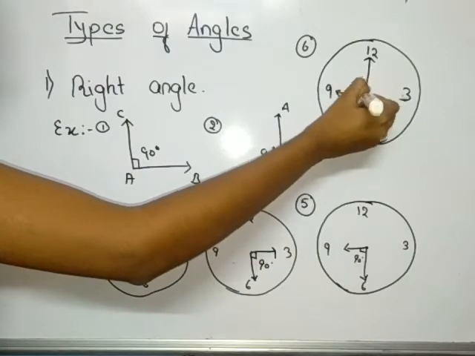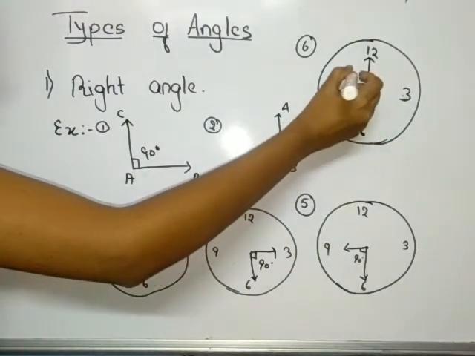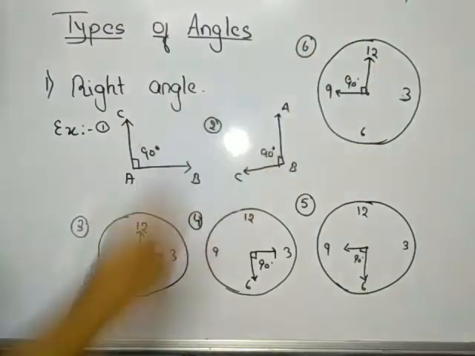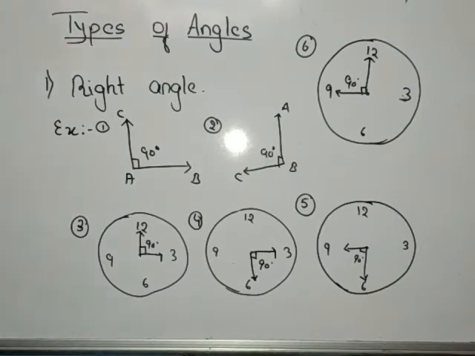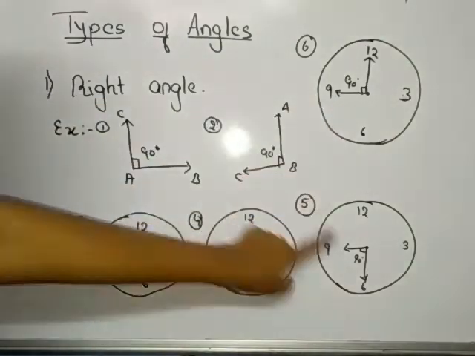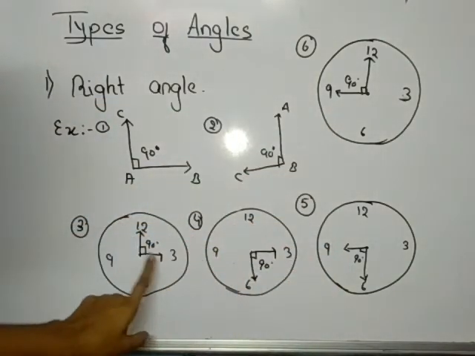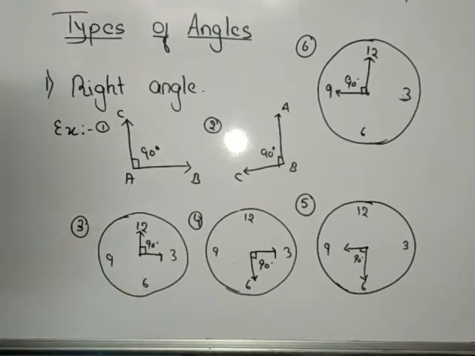Then the angle between these two hands is again 90 degrees. These are examples of right angles. Right angle means the angle between the two rays is always 90 degrees.